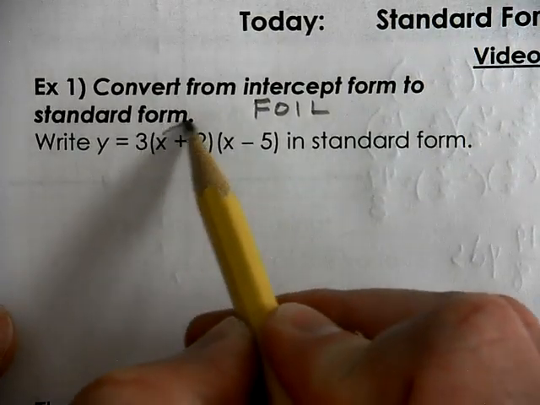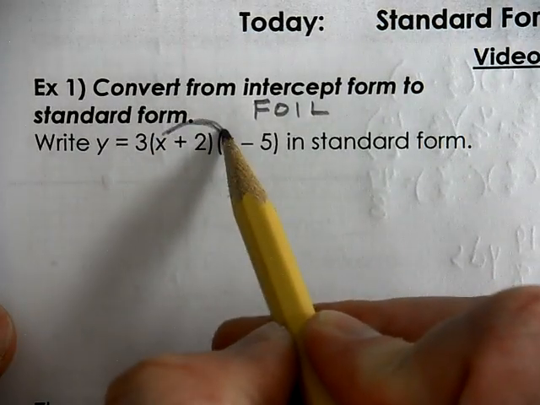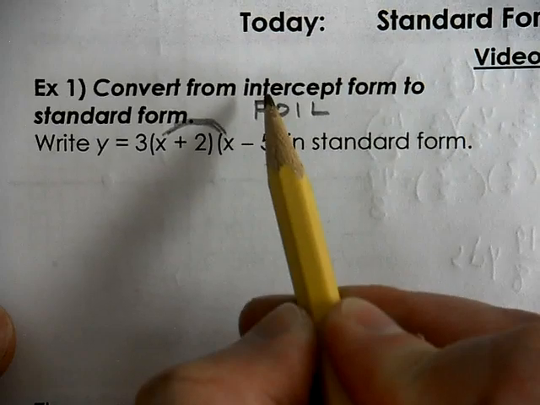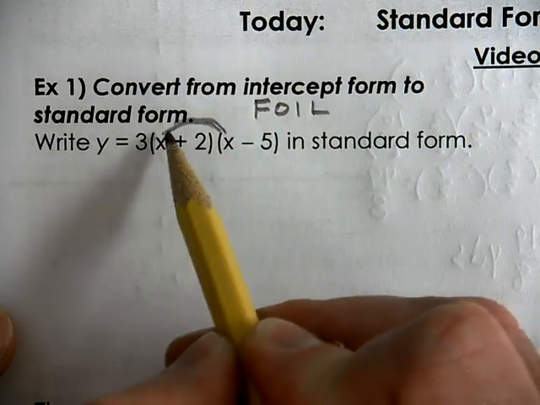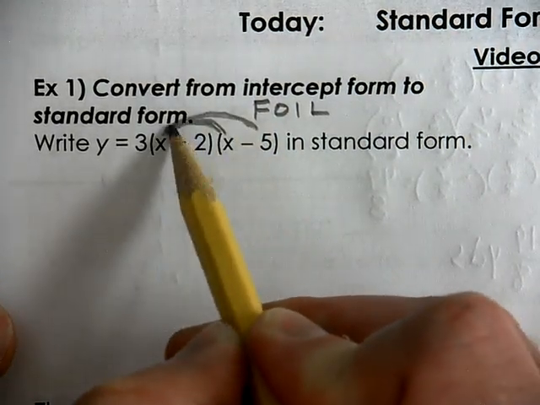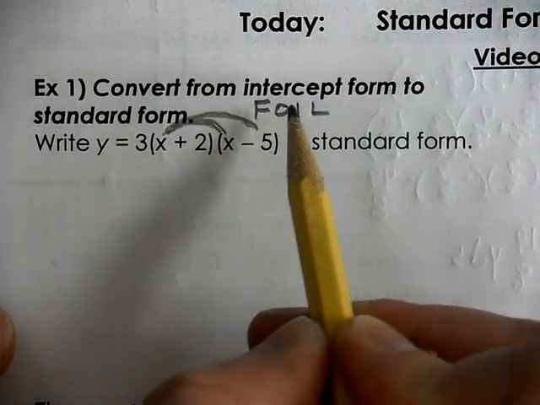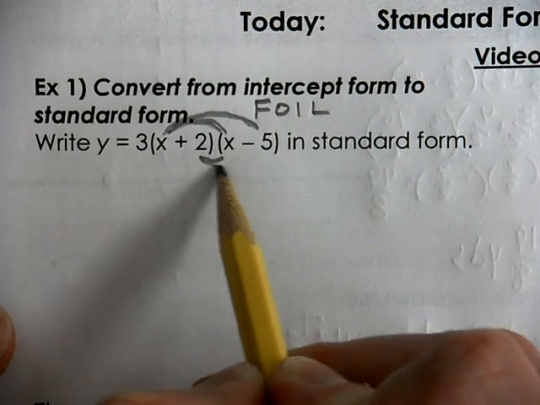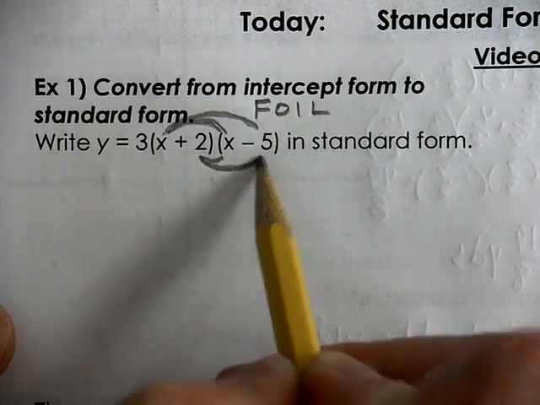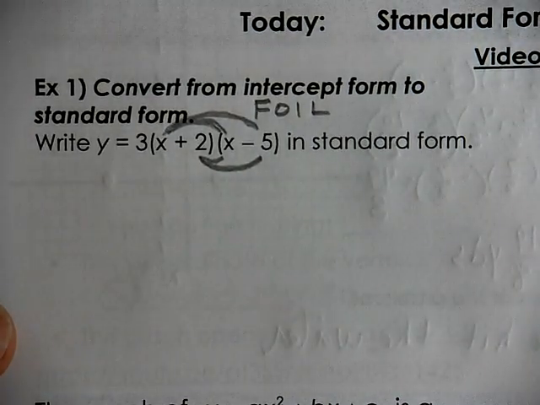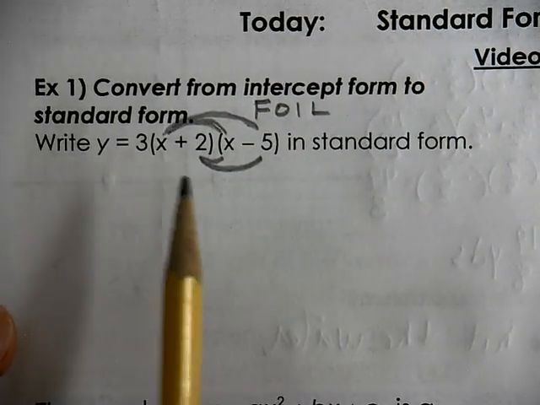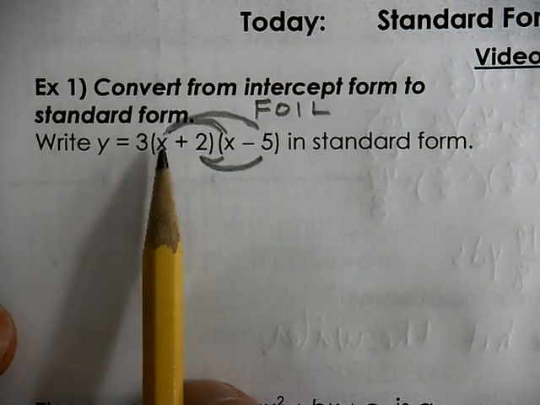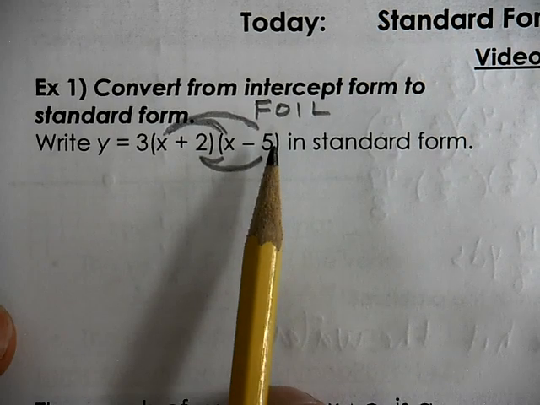FOIL is when you multiply the front two values in your parentheses. O would be the outer two numbers in your parentheses. I would be the inner, and L would be the last two of each set of parentheses. Another way to think about it is you take the x and multiply both terms in the other parenthesis.